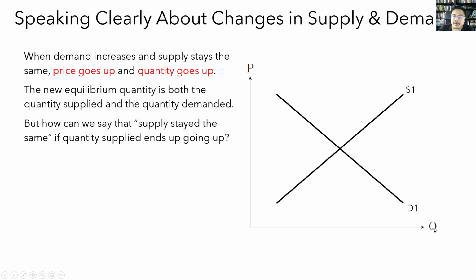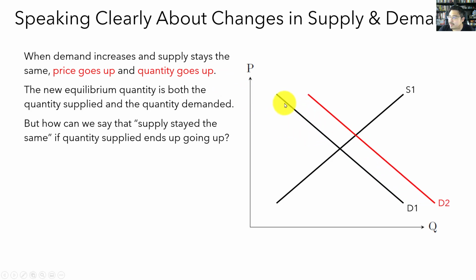Now, before moving on, I want to address an issue about language because there's something that sometimes confuses students, and I want to make sure that things are clear. All right, so here's the issue. Something we saw is that when demand increases and supply stays the same, then price goes up and quantity goes up, right? And that's illustrated by what's happening here.